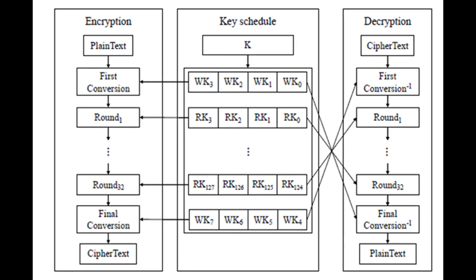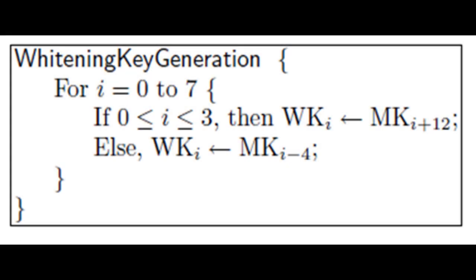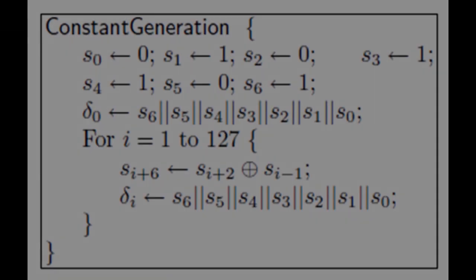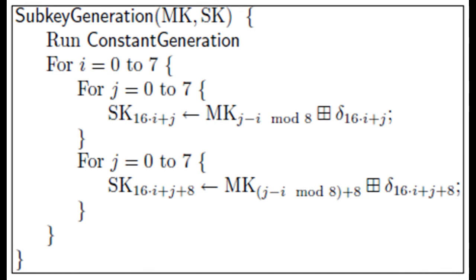The key scheduling consists of two parts: whitening key generation and subkey generation.